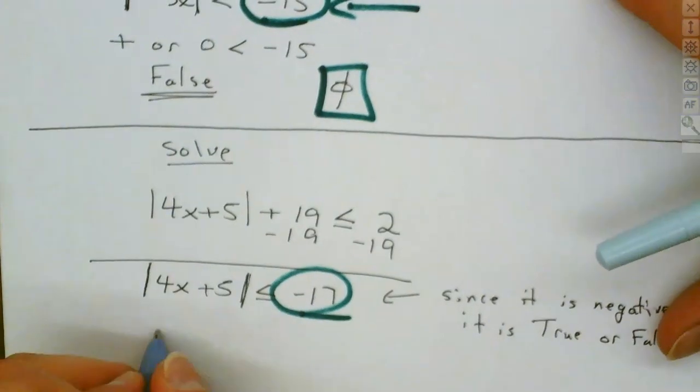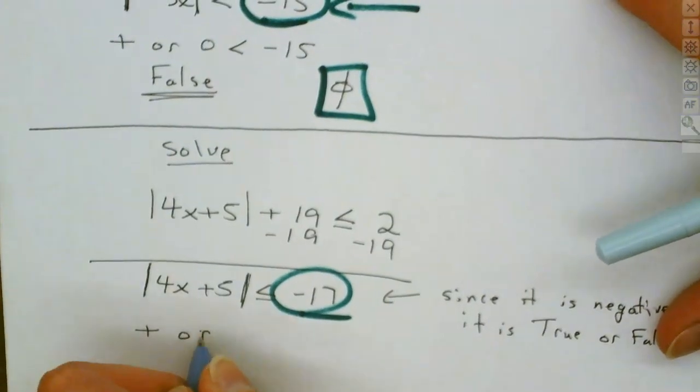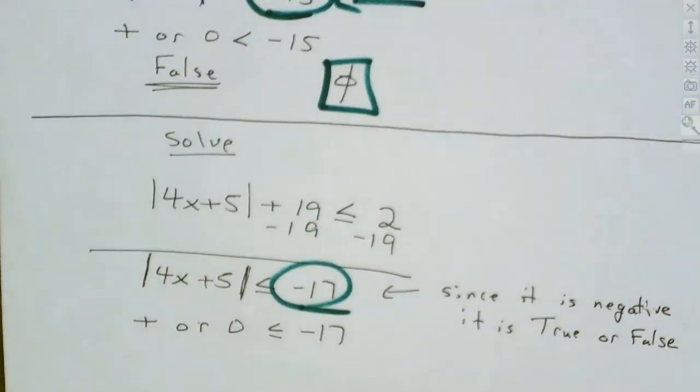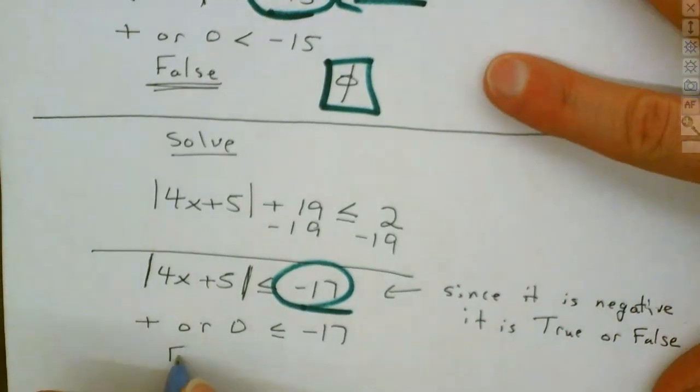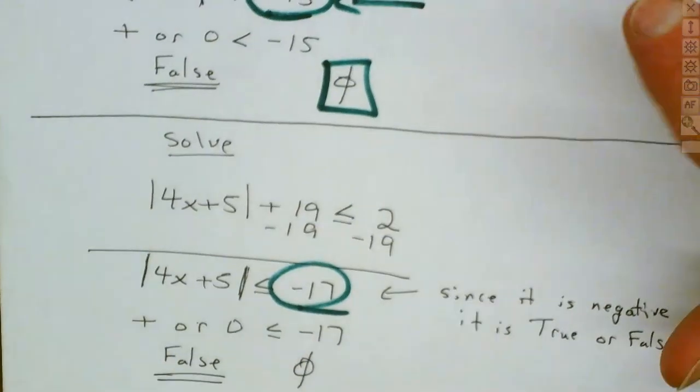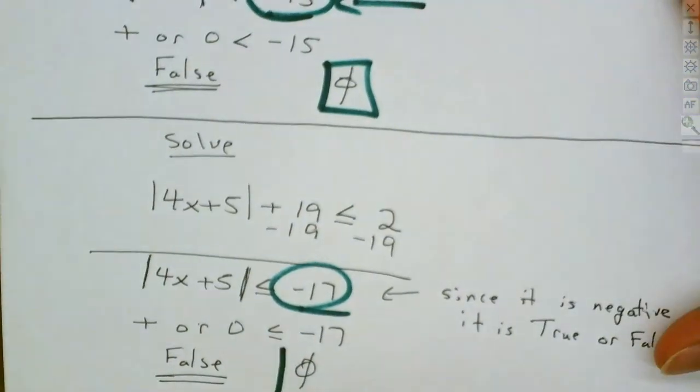Positive numbers or 0, are those going to be smaller than negative 17? Is that true or false? False. And if it's false, that's a contradiction, so it has no solution.